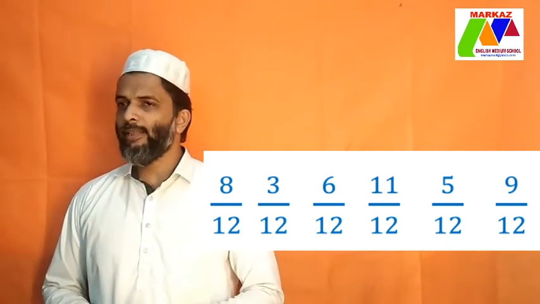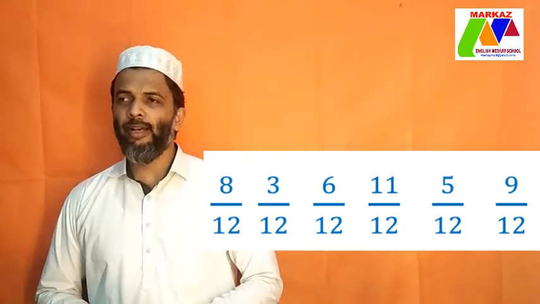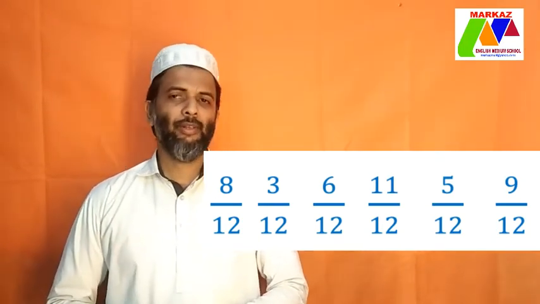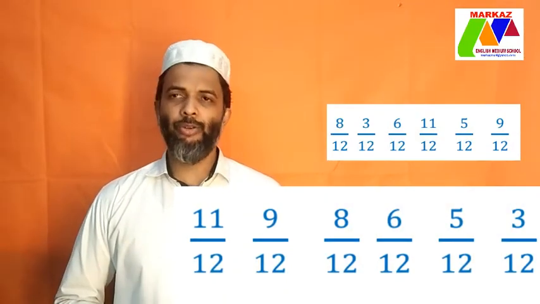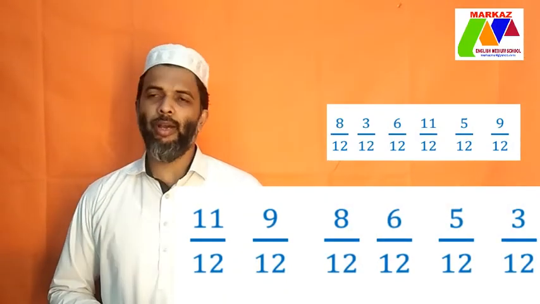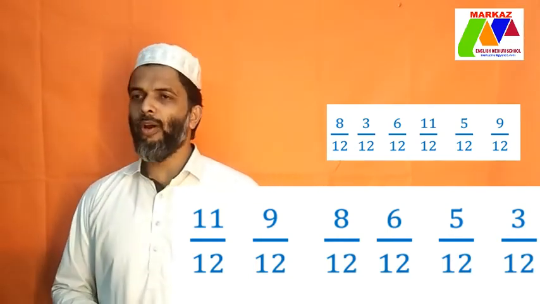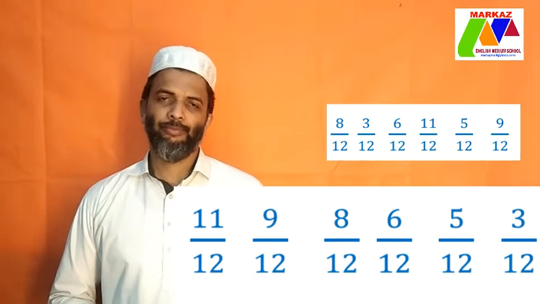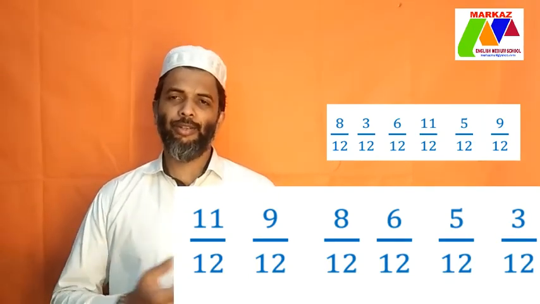Greatest numerator is greatest fraction. Look at the fractions and find out the greatest numerator. Yes, 11 by 12, 9 by 12, 8 by 12, then 6 by 12, then 5 by 12, last one 3 by 12. Okay. Write down the answer.